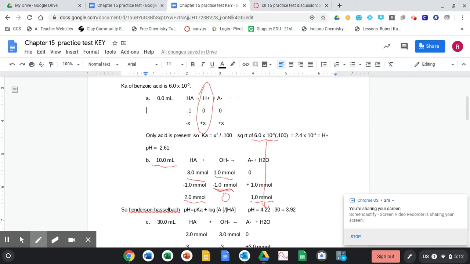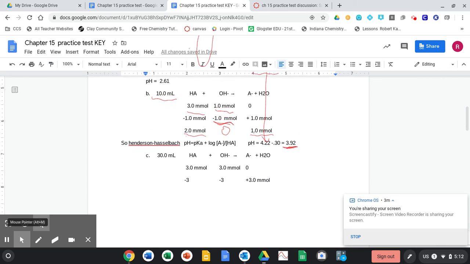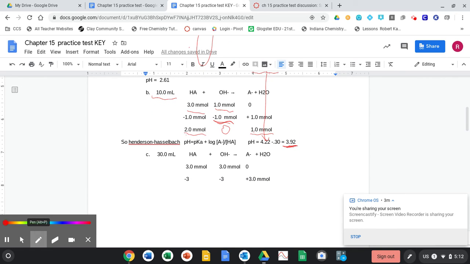And so that gives you a log of negative 0.3. Since it's less than 1, it's going to be negative. And so you subtract them and you get a pH of 3.92.